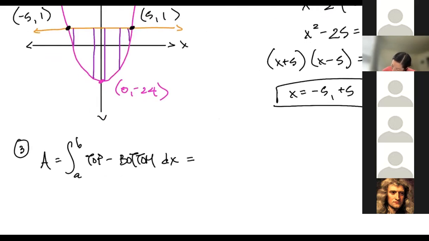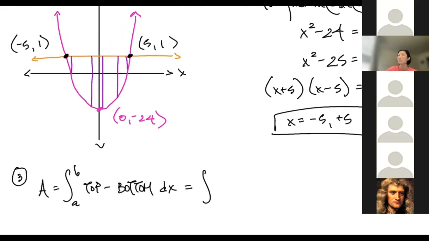All right. What can we put in for our a and what can we put in for our b? What number do we put in for our a? What number do we put in for our b? -5 and 5. Good. Okay.